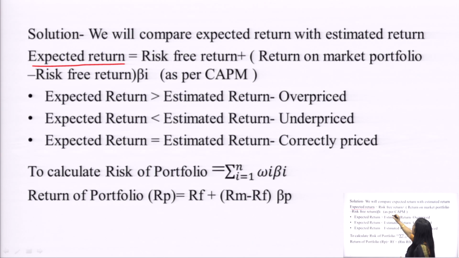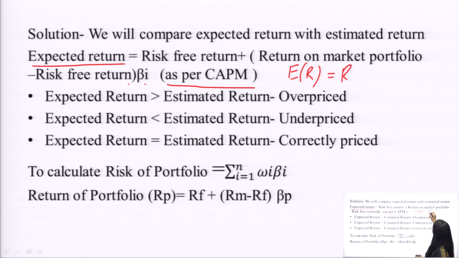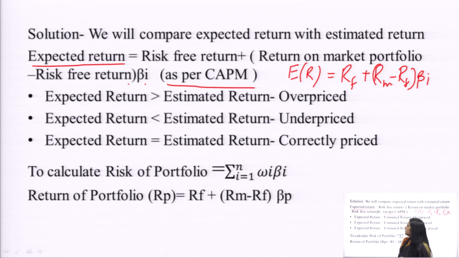Expected return we will calculate as per the CAPM model, and if you remember, the CAPM model has given us an equation which is that the expected return of any security or portfolio is equal to the risk free return plus return on the market portfolio minus risk free return into beta I. So, this expected return would be equal to RF plus RM minus RF into beta I. Beta I is the systematic risk of security I, and if we talk in terms of the portfolio, this would be beta P.